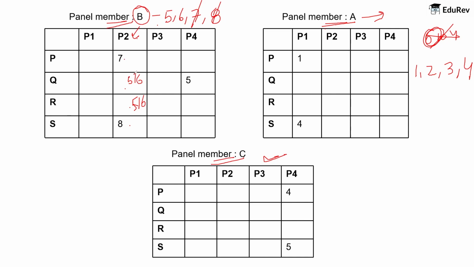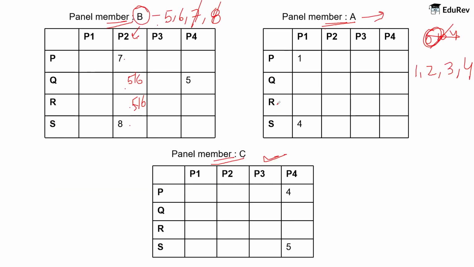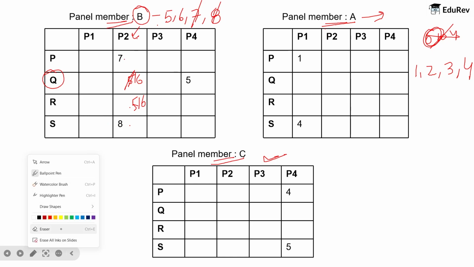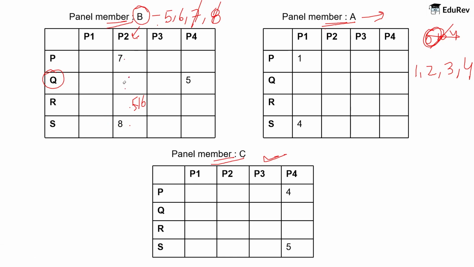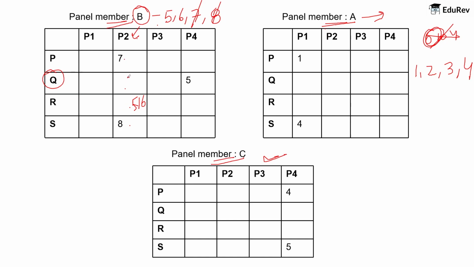Now if you look at this particular line carefully, if you read this instruction, in each parameter B gave a different score to each candidate, and for each candidate B gave a different score in each parameter. It means for candidate Q, the scores in each parameter can't be the same. So 5 is not a possibility over here. What is the only possibility that I'm left with is 6. So the score of Q in parameter P2 is nothing but 6.